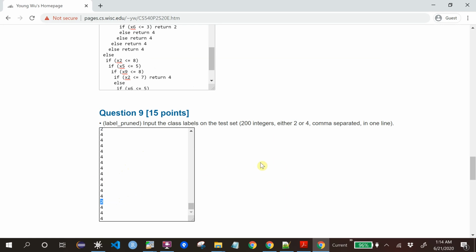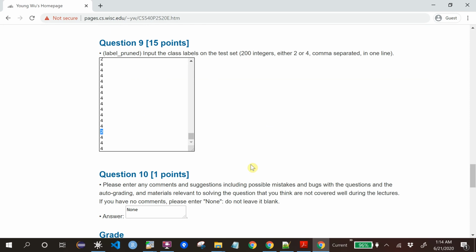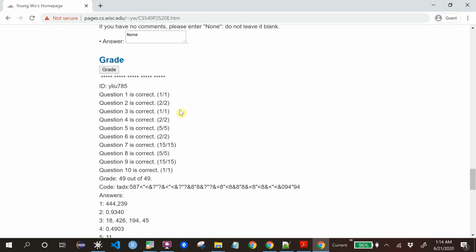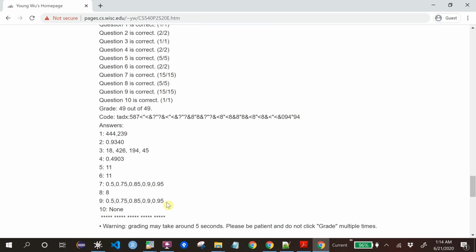As I said, I am not requiring 100% accuracy. Let's see, when I click grade, 49 out of 49, and here are the accuracy thresholds that I'm using.